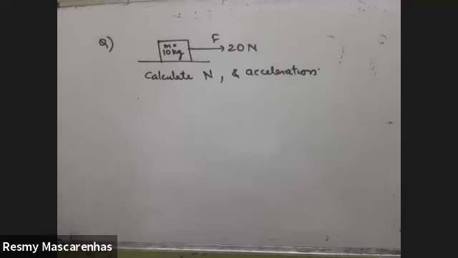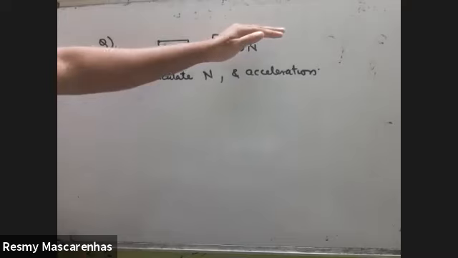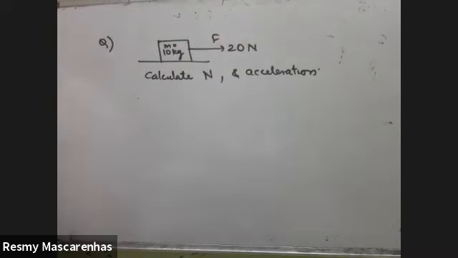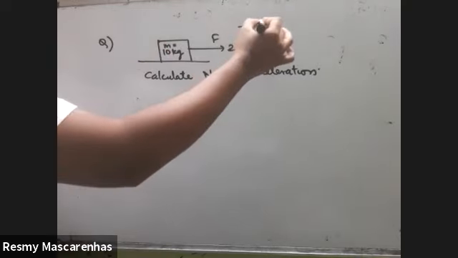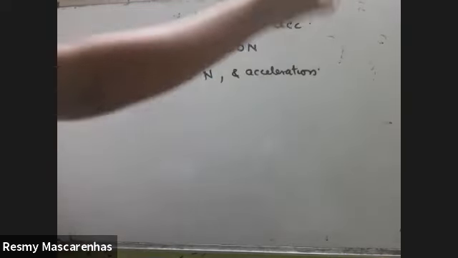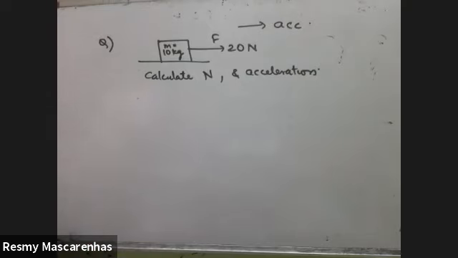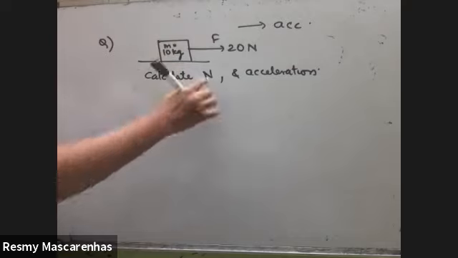Obviously, whichever side the object is moving, in that direction your acceleration will be there. So you know that the object is accelerating in this particular direction. We'll simplify the diagram now.